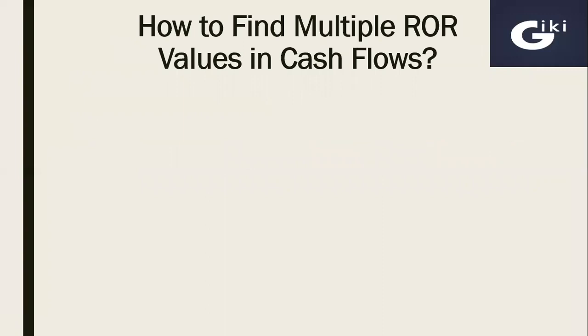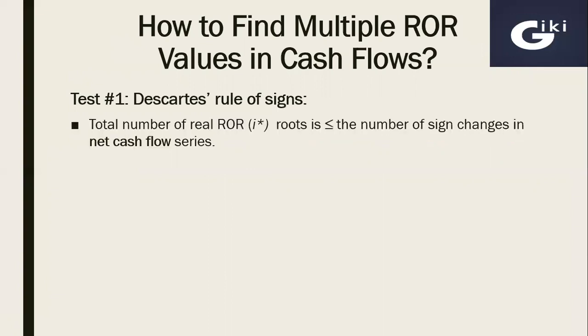How to find multiple ROR values in cash flows? We have two basic rules or two basic methods to find multiple ROR values in cash flows. The first rule is Descartes' rule of signs. The total number of real rate of return roots is less than or equal to the number of sign changes in the net cash flow series.